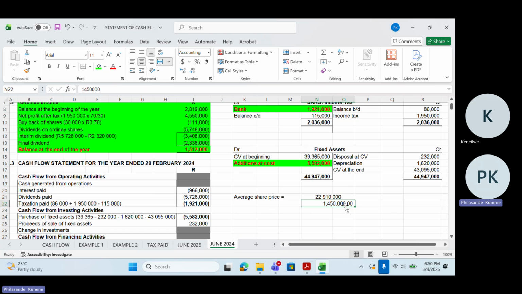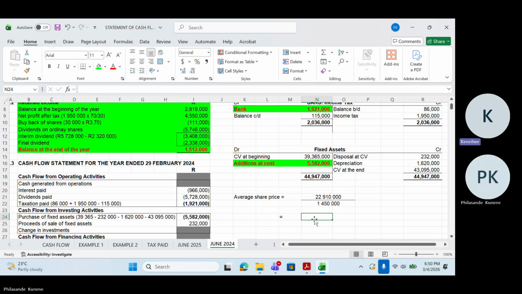Okay, now how much am I going to get here? Is my average R1.58?